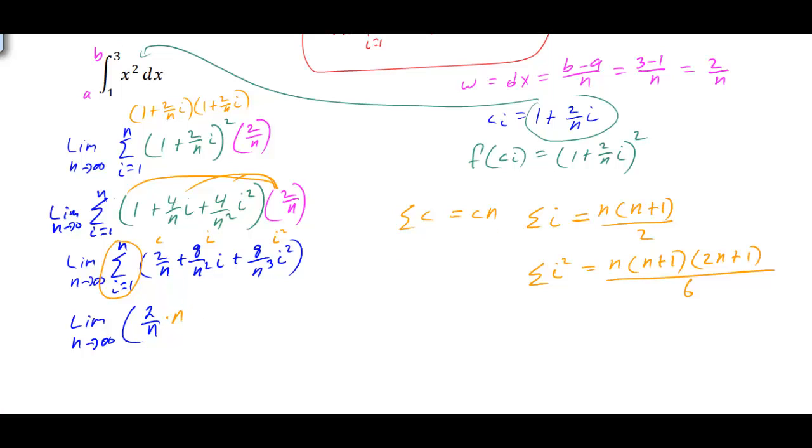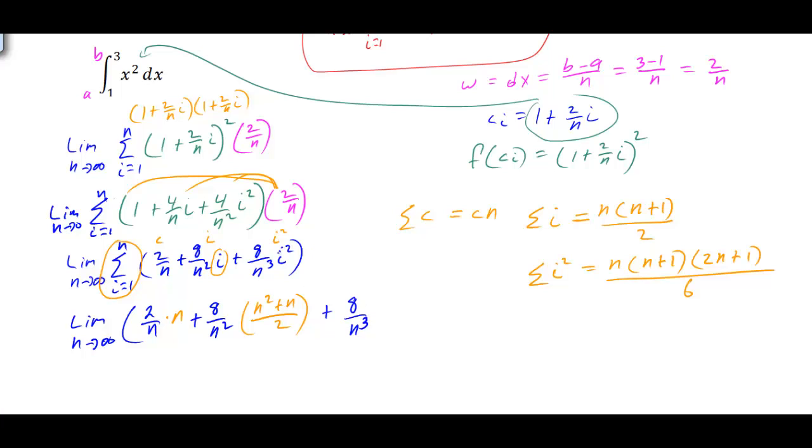n plus 8 over n squared. So in place of the i, we're going to plug in n plus 1 over 2. And once again, I'm going to distribute, so we could simplify this to n squared plus n over 2 plus 8 over n cubed.